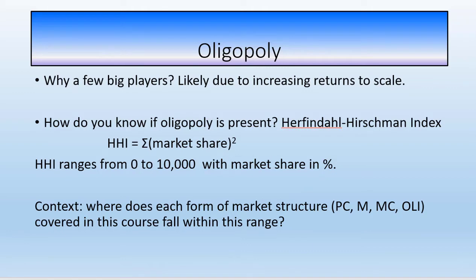So the HHI index ranges from 0 to 10,000, because if you only have one firm, a monopoly, and you take 100 squared, it's 10,000. If you have perfect competition, in theory, then each business has almost no market share, or a very small percentage of the market share, and you're almost close to zero on the HHI.